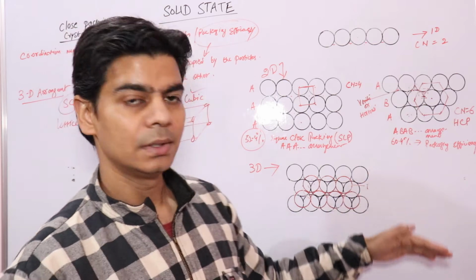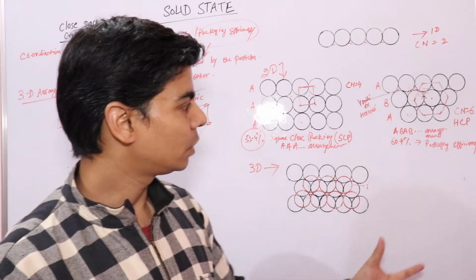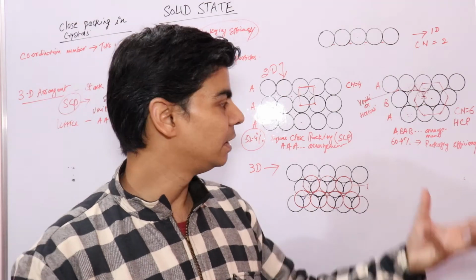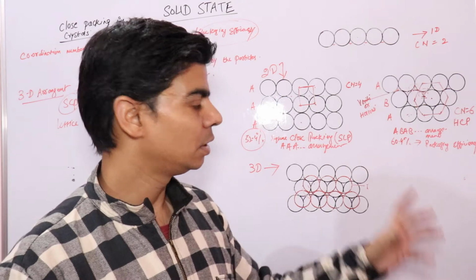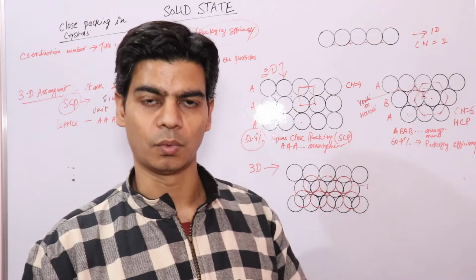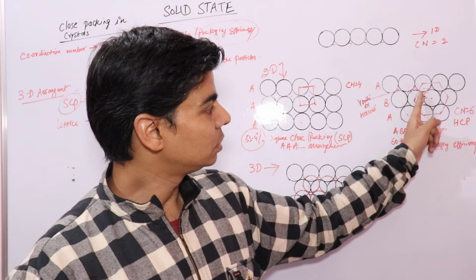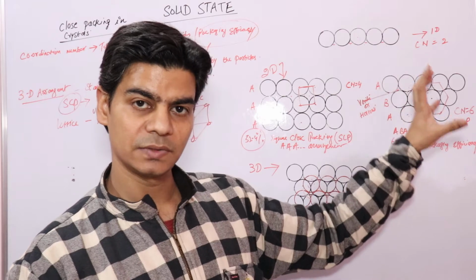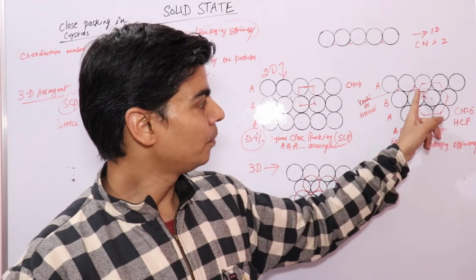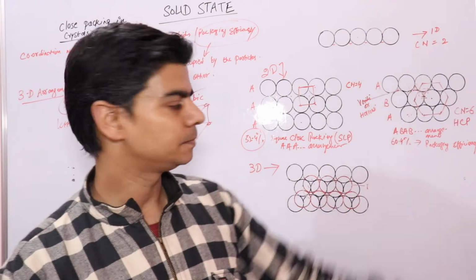So when we build the second layer onto this first layer of HCP, the particles in the second layer will come onto these voids, and we put the particles on one kind of void. Either we put the spheres of the second layer onto the voids pointing downwards, or onto the voids pointing upwards.